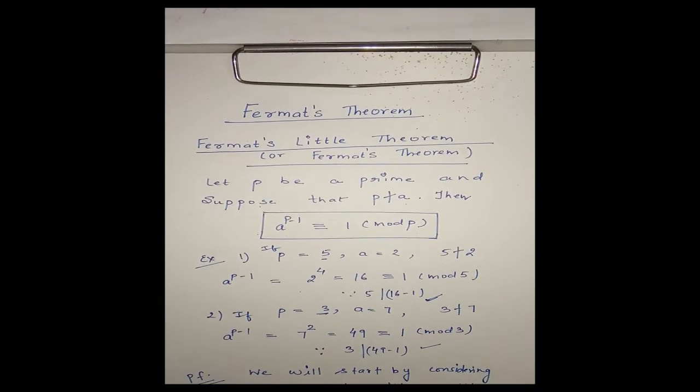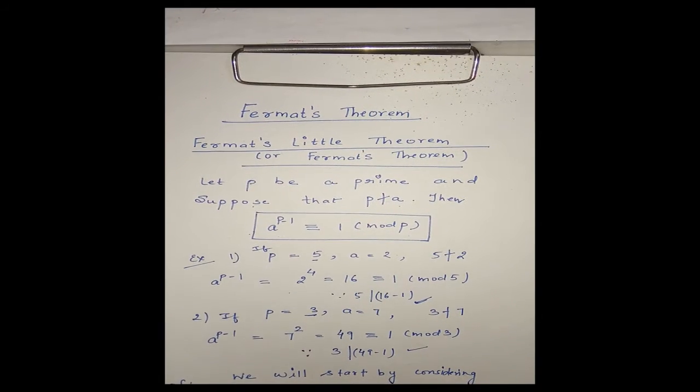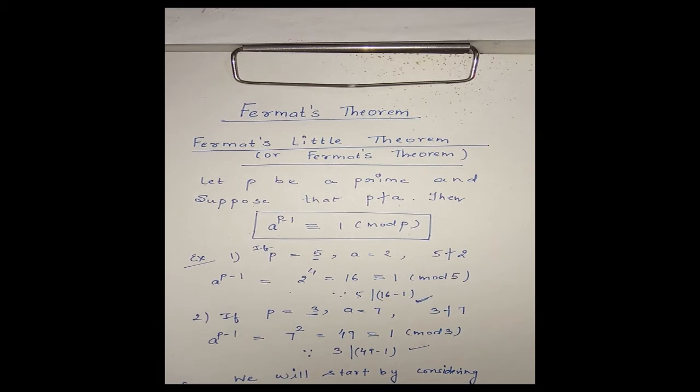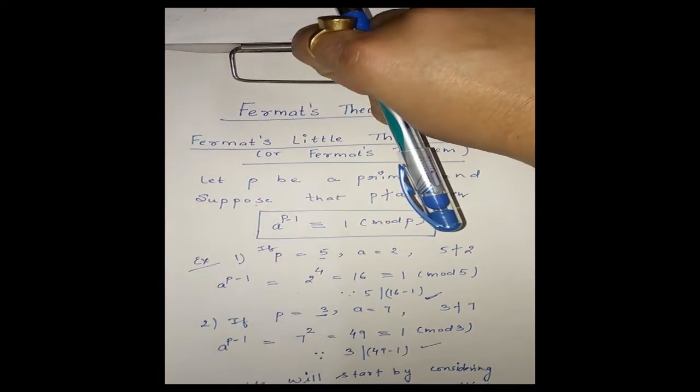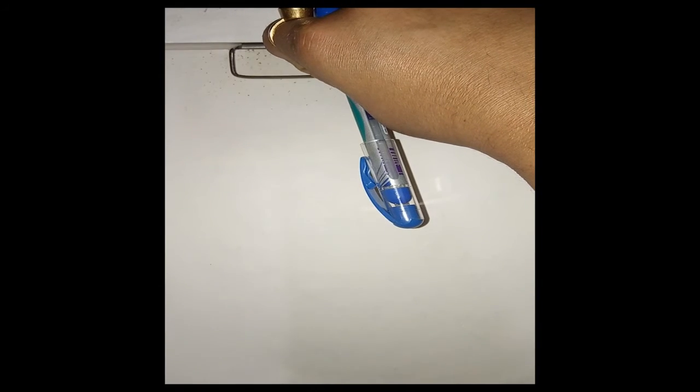Now, in the first step, we want to prove that none of these integers are congruent to 0 modulo P. First, we will prove this part.